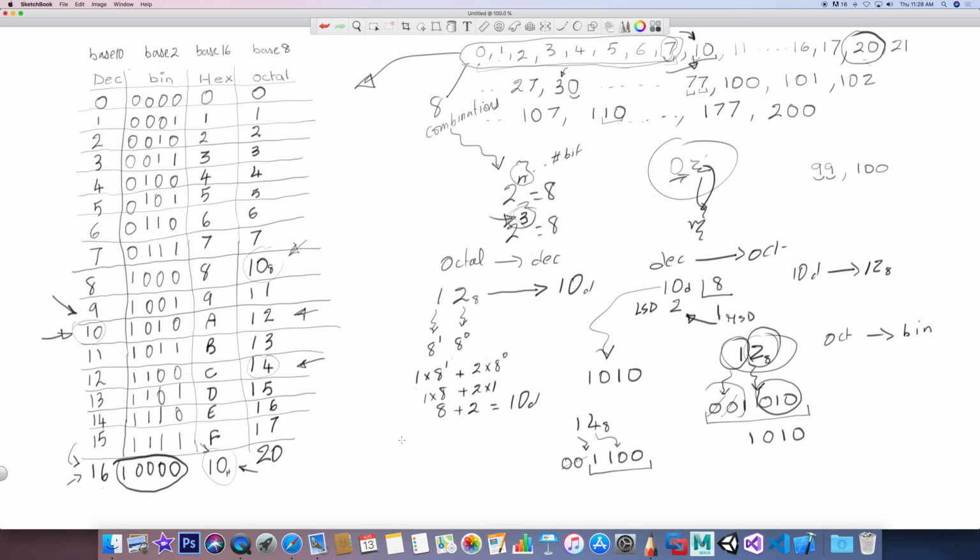So let's say now you have a binary number, 1, 1, 0, 1, 1, 1, 0, 1, 1, 0, and you want to convert it to octal. Well, fairly straightforward. You do the reverse process. You pick 3 bits at a time, right here, 3 bits at a time. Now this one you can pad with 3 zeros, right here, and then convert each one to its equivalent decimal value.